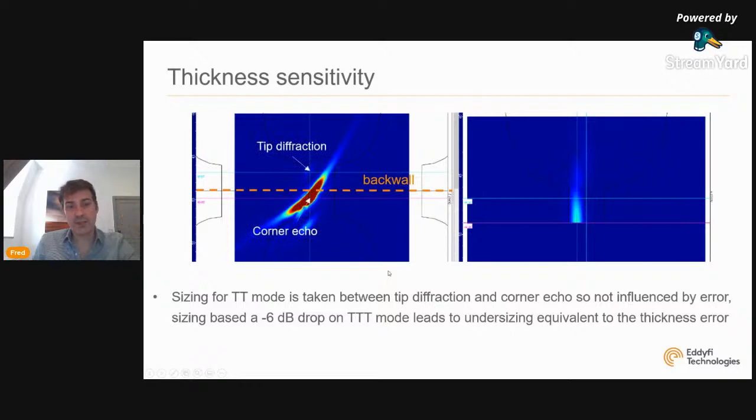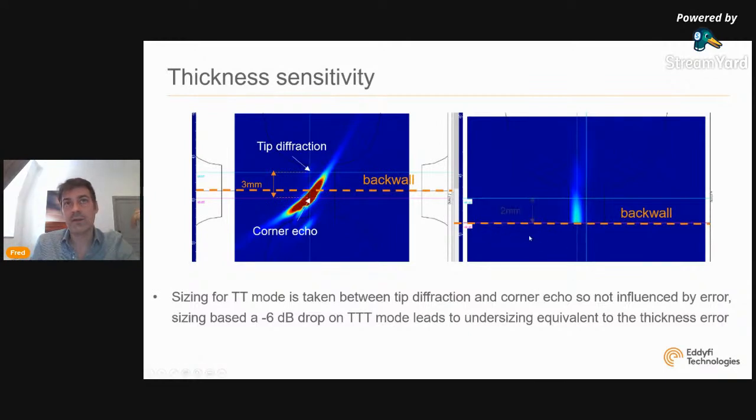So if I want to size it using TT, I will look at the maximum of my corner echo, the maximum of my tip diffraction, and I will measure the height of my defect, and I find my 3 millimeter. Here I'm telling my system I'm at 49 millimeter, the real thickness is 50. When we use corner modes, we don't calculate anything outside of the component because they assume a reflection of the backwall, so there is no reason in calculating pixels outside.